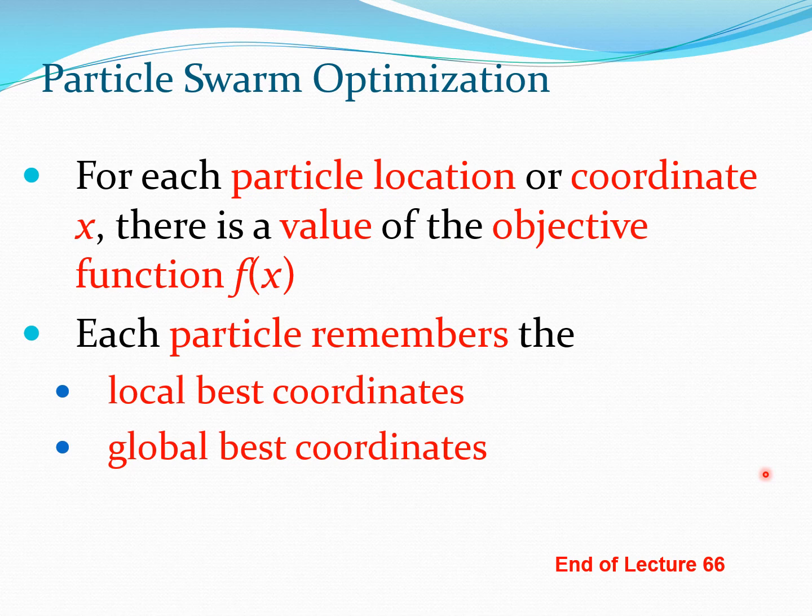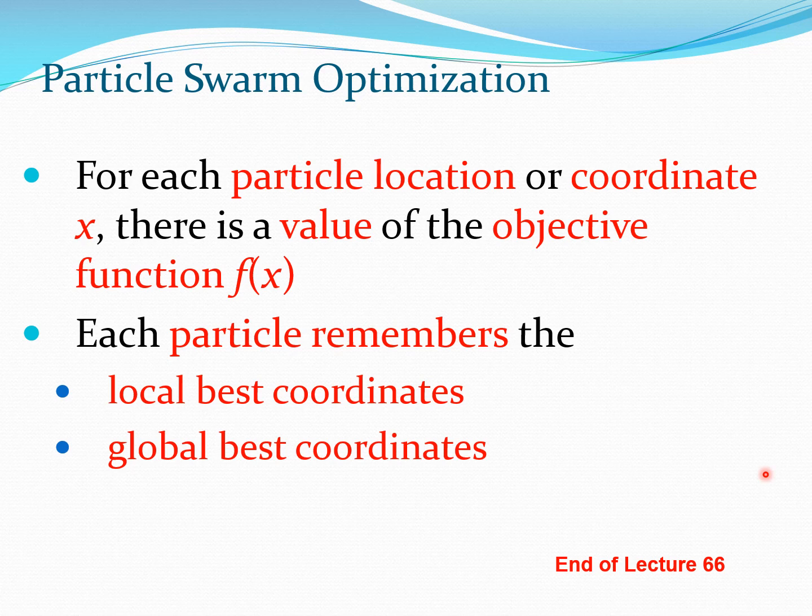Now for each particle location or coordinate x, there is a value of the cost function or the objective function f of x. Again, this is just like the methods we discussed before. We are going to use a population here, and this population is going to be of these particles, and we are going to work on this population.